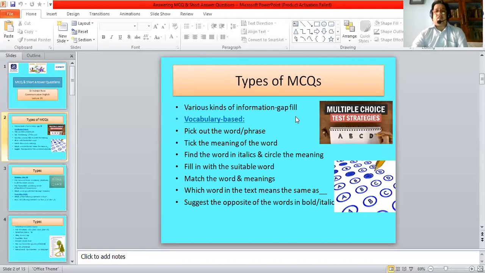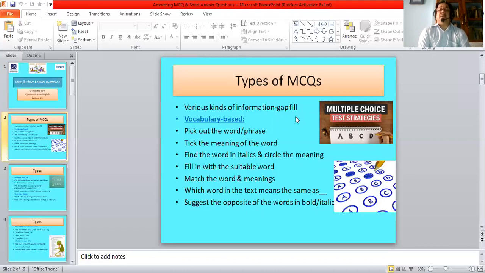Now, the MCQ questions, or the multiple choice type of questions, can also focus on different things. They can be based on vocabulary, for instance.